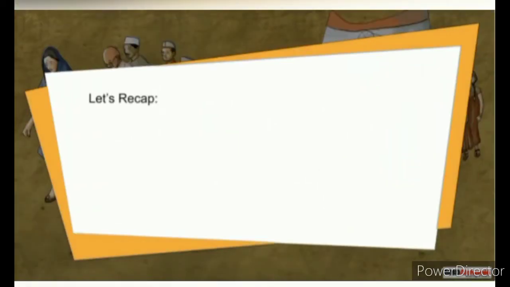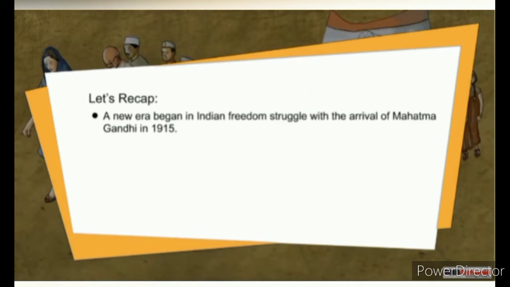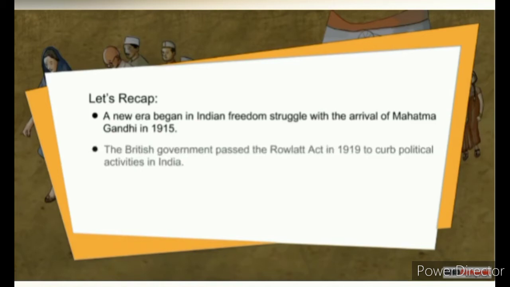Let's recap. A new era began in the Indian freedom struggle with the arrival of Mahatma Gandhi in 1915. The British government passed the Rowlatt Act in 1919 to curb the political activities in India.